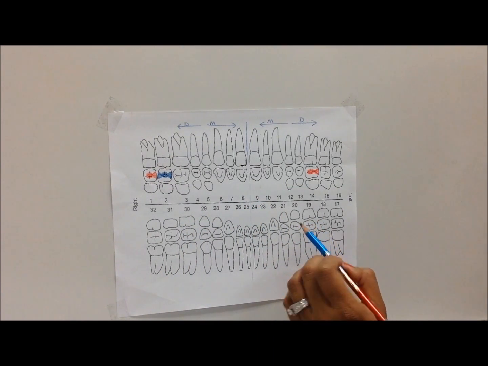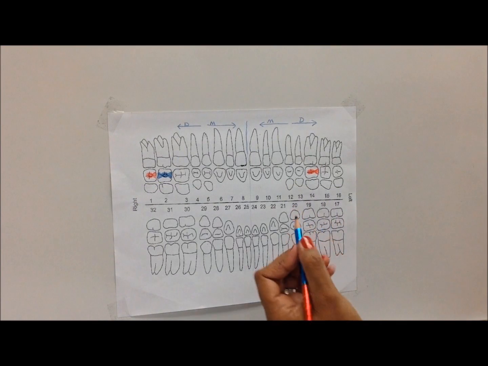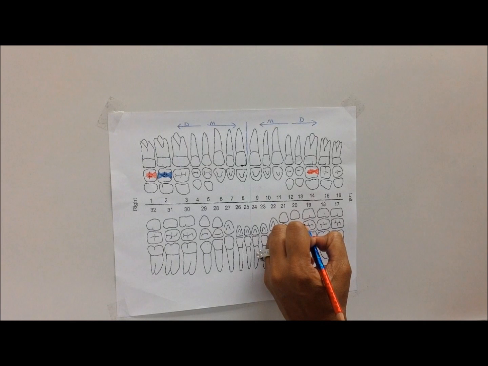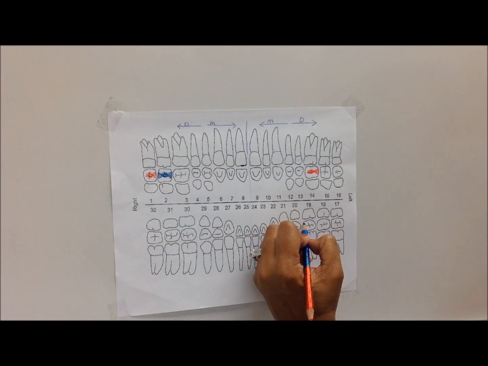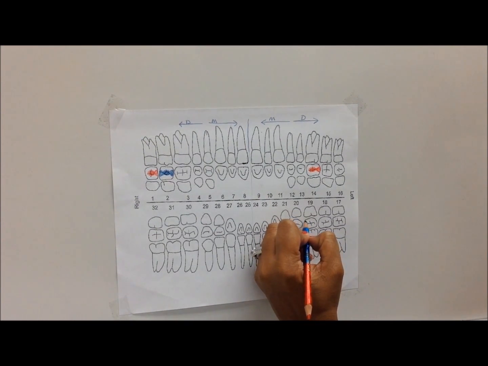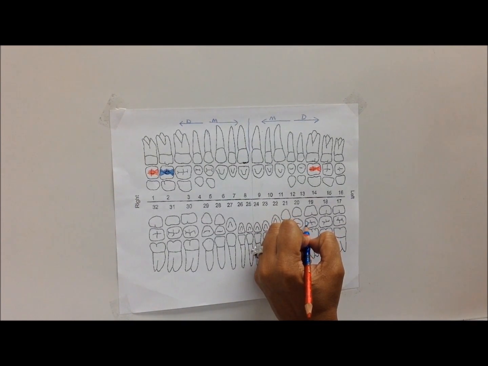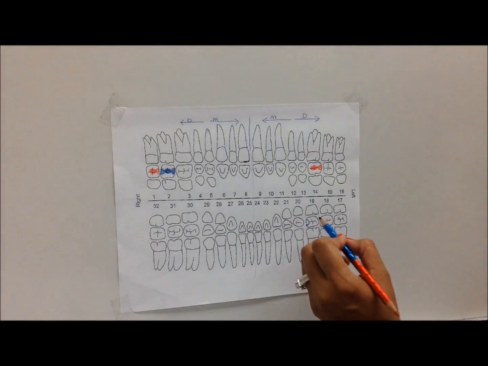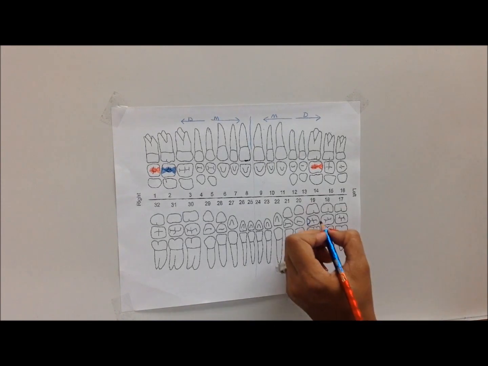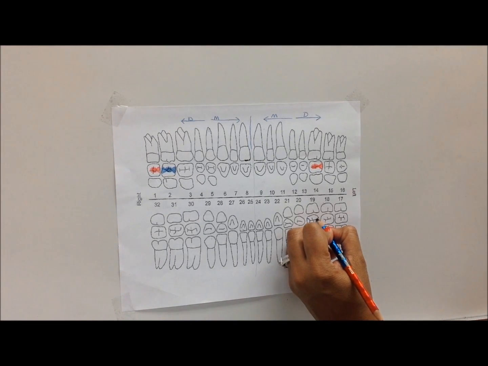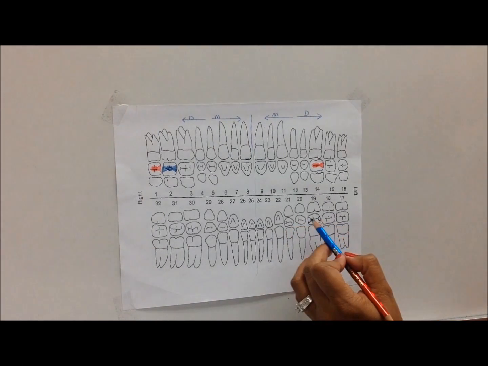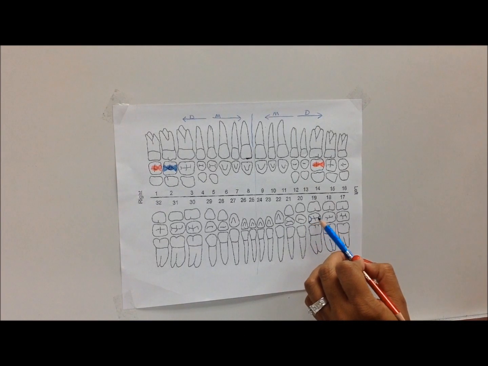It's an existing restoration, so I'm using my blue pencil on number 19, and you just outline the surface. So I want to cover the mesial side of my tooth for a composite. And so that's charting a mesial composite. Now I can put a distal composite on this same tooth, just like that. It's blue, that means it's already complete.